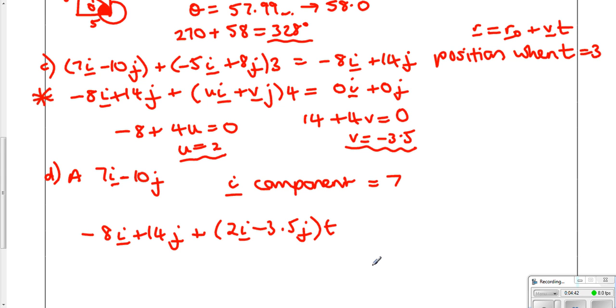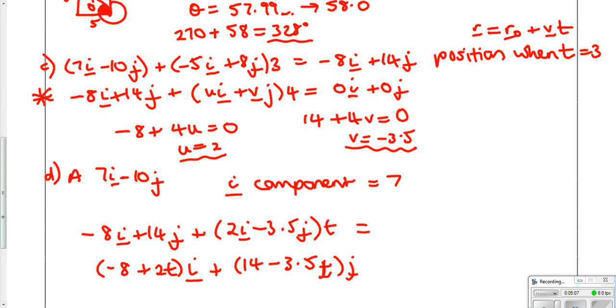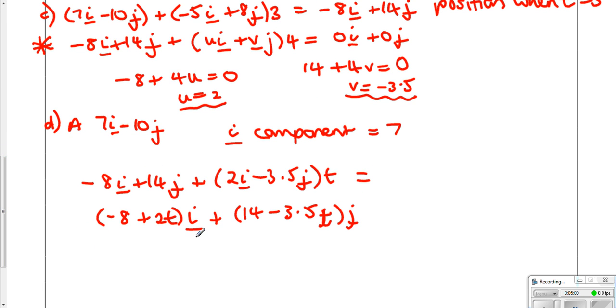We're going to do that for a certain number of seconds, and we'll get to the stage where our i component is 7. So let's work out what we've got here for the general position vector. We're going to have minus 8 plus 2t i and 14 minus 3.5t j. That's its general position at any given point in time.